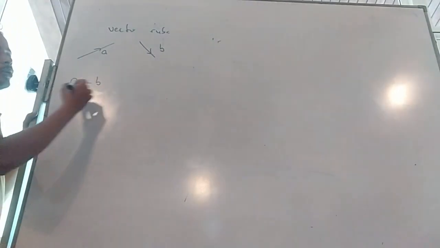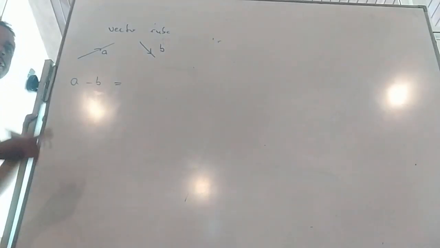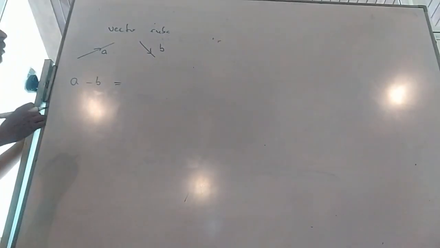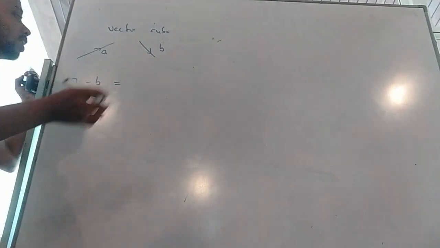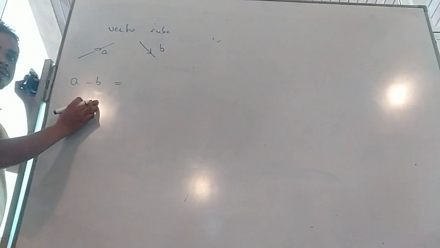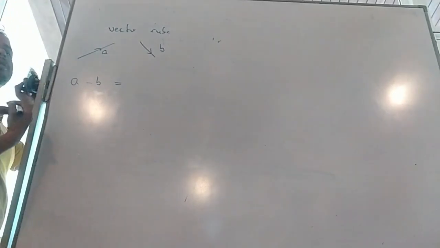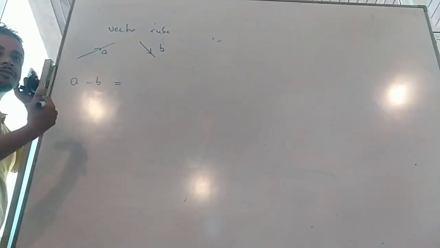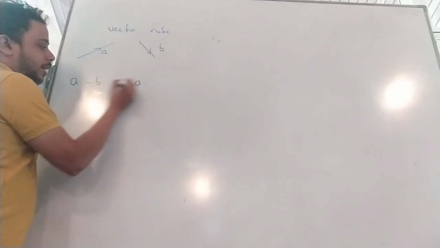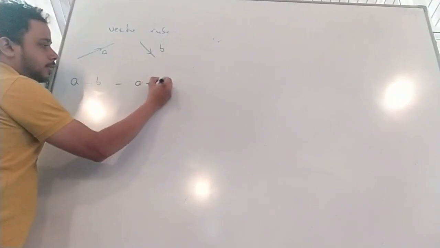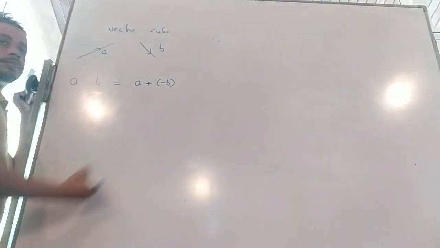When it comes to subtraction, we only know the addition method. So if I can make this into addition, I can use any of the methods we have discussed previously. So then I can write it like this, A minus B.